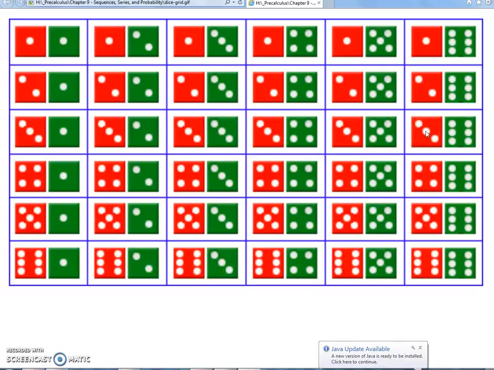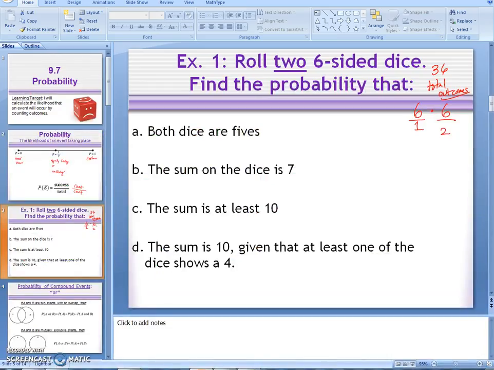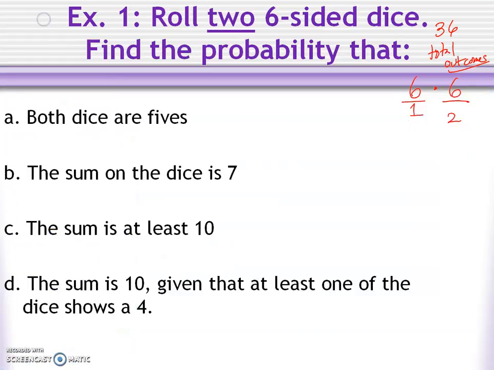Okay, so there are 36, a 6x6 array of total outcomes for rolling 2 dice. And then the outcome is the sum, right? 6 and 6 is 12, 4 and 2 is 6, etc. So when we roll 2 dice, we take the sum, and we're going to calculate some probabilities based on those. So what is the probability that both dice are 5?